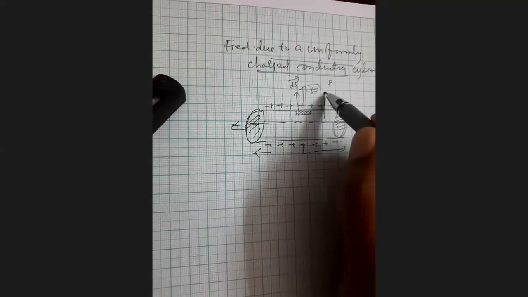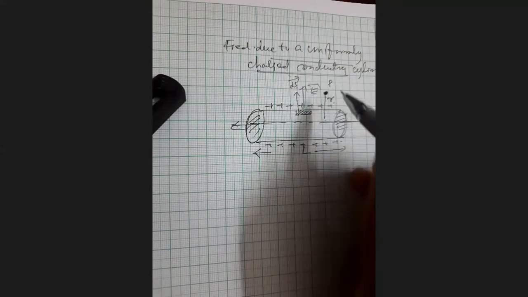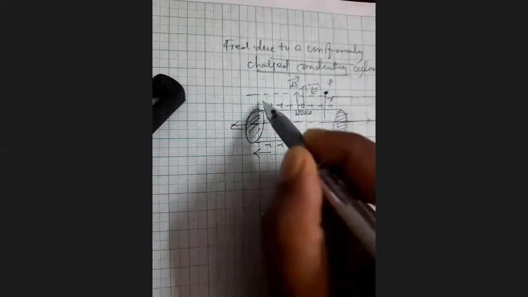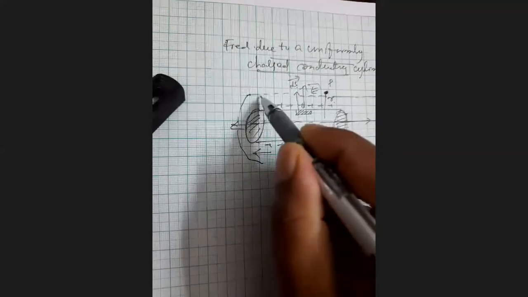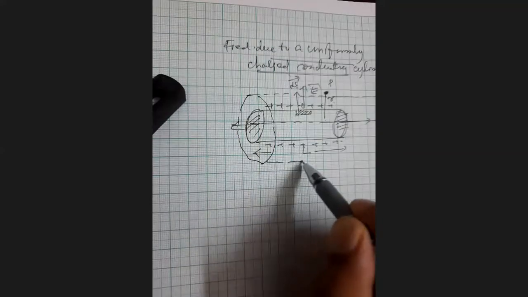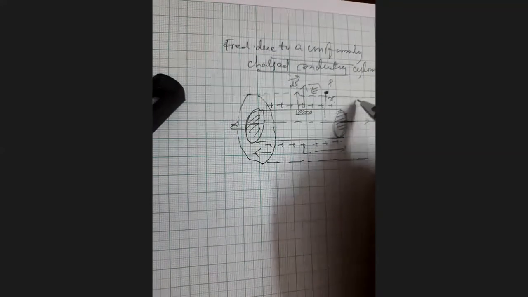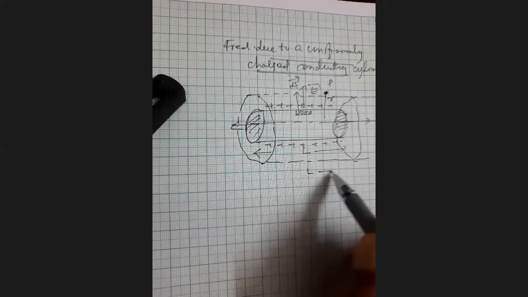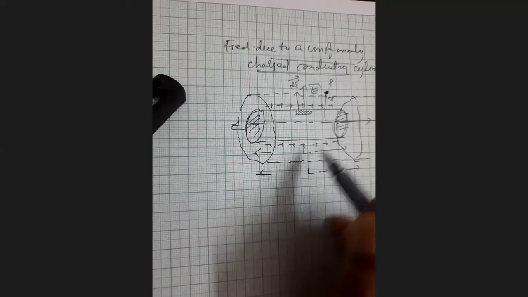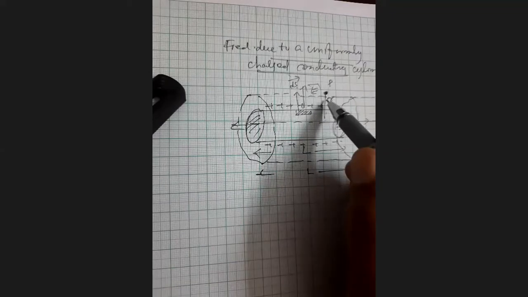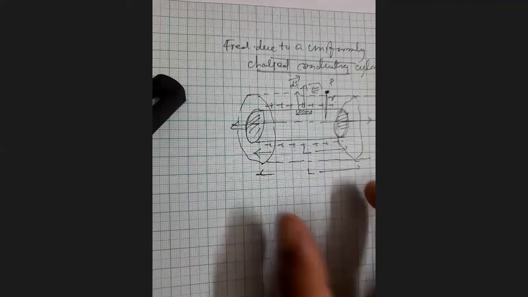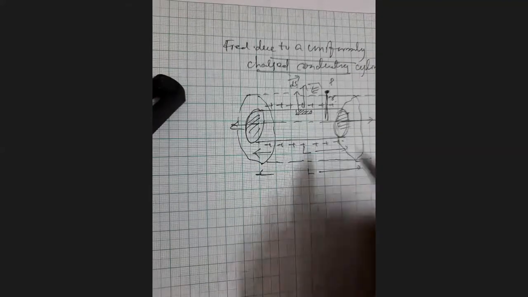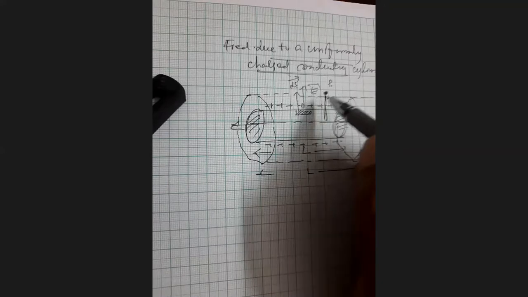To calculate the electric field strength by using Gauss law, I am constructing a cylindrical Gaussian surface like this, with length L and radius r. So here the point P is on the curved surface.